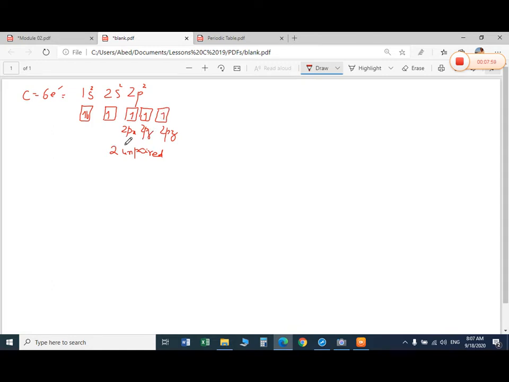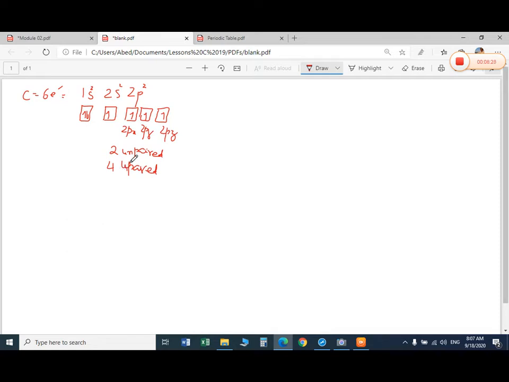So now instead of 2 unpaired electrons, you have 4 unpaired electrons. So carbon in the ground state will have 2 unpaired electrons, and if one electron jumps from the 2s to 2p, this will become 4 unpaired electrons.